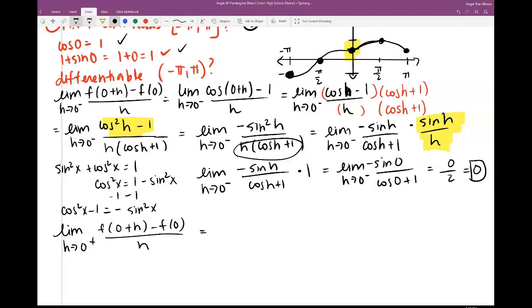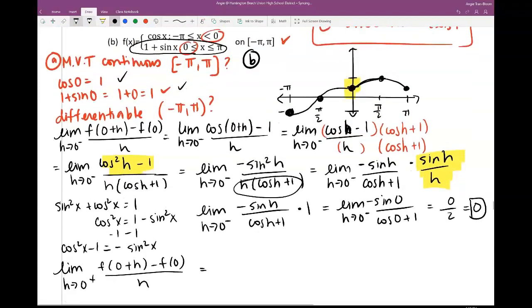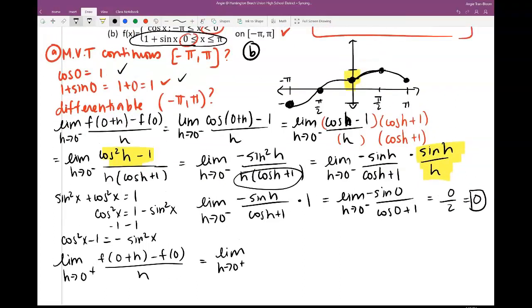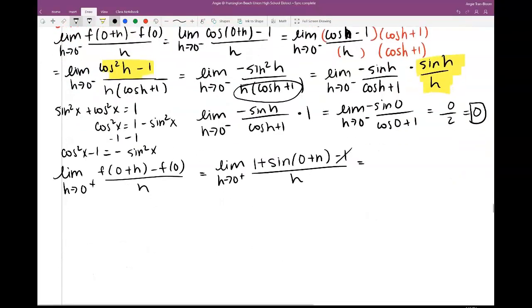Because this is a right-hand derivative, I'm going to be using sine. So the limit as h approaches 0 from the right, I'm going to plug in 1 plus sine of 0 plus h. And earlier, f of 0 is 1, so these two are going to cancel. So the limit as h approaches 0 from the right, 0 plus h is h, so sine of h over h, which we know is 1.